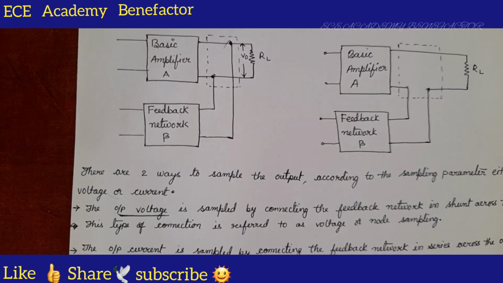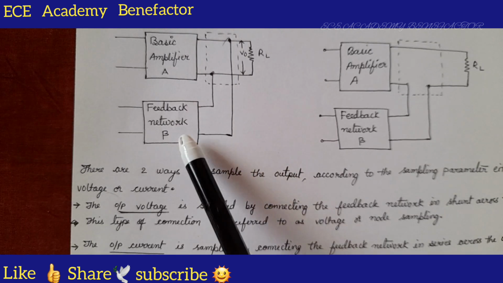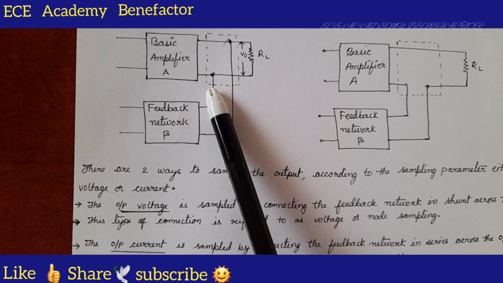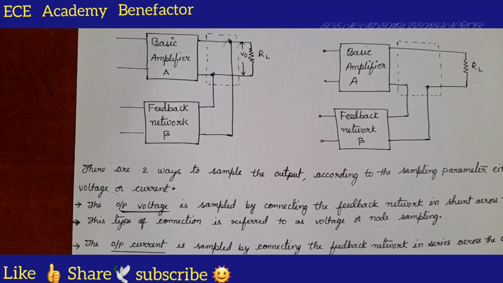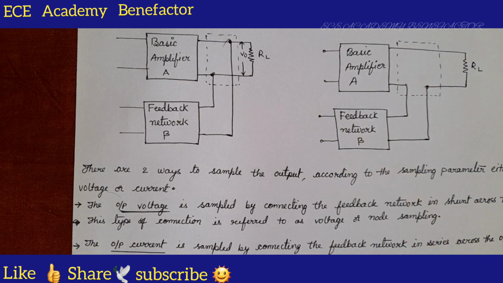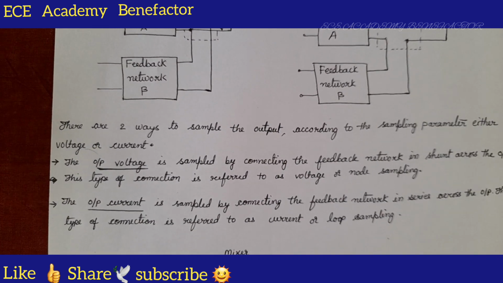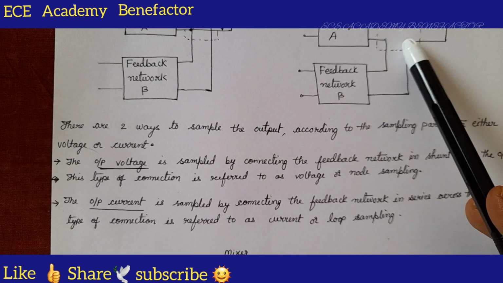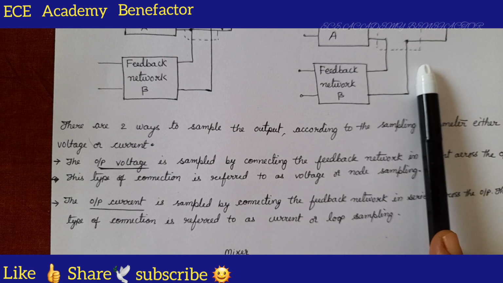There are two ways to sample the output according to the sampling parameter, either voltage or current. When the feedback network is connected in shunt across the output, the parameter sampled is output voltage. When the feedback network is connected in series with the output network, the parameter sampled is current.